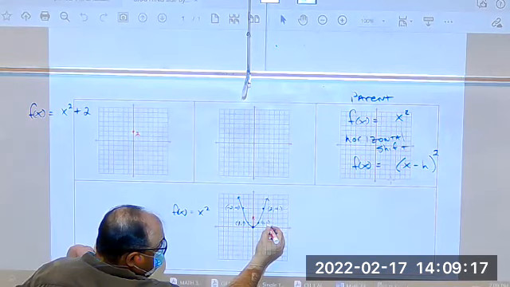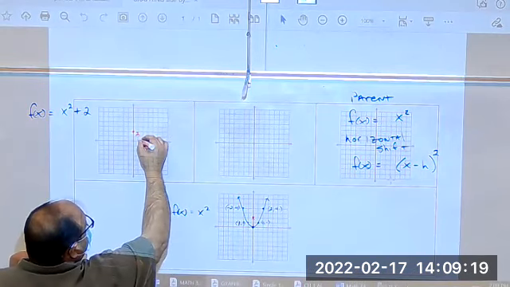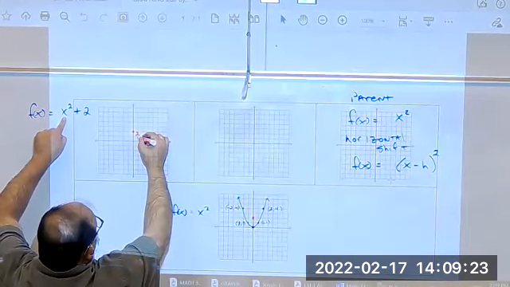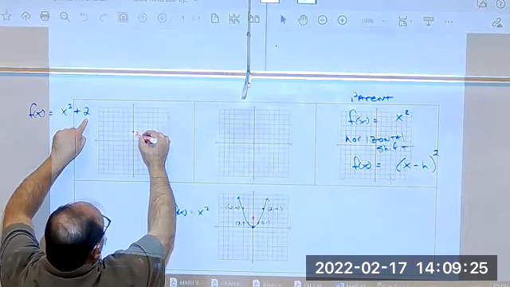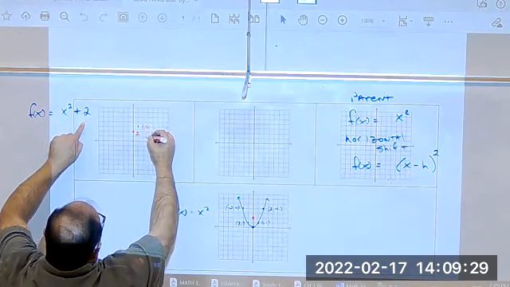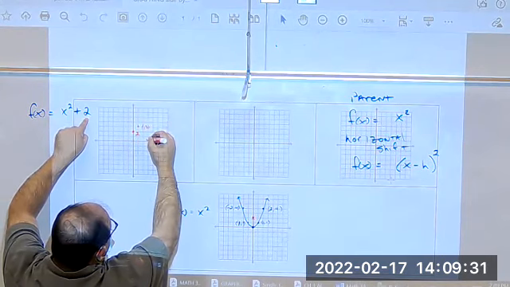This y value is a 1, so that y value should be down here at 1. When I plug in 1, I add 2, and it's now up here at 3. That's 1 squared plus 2.